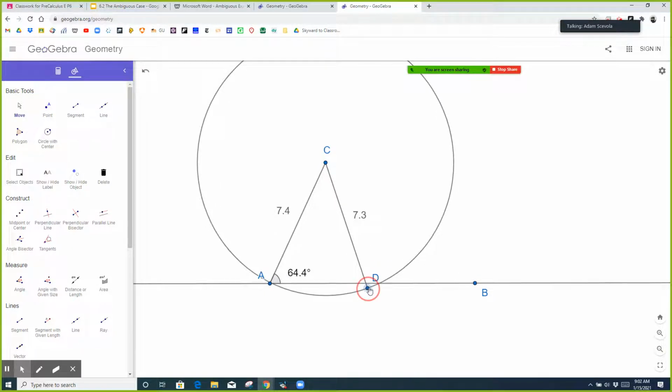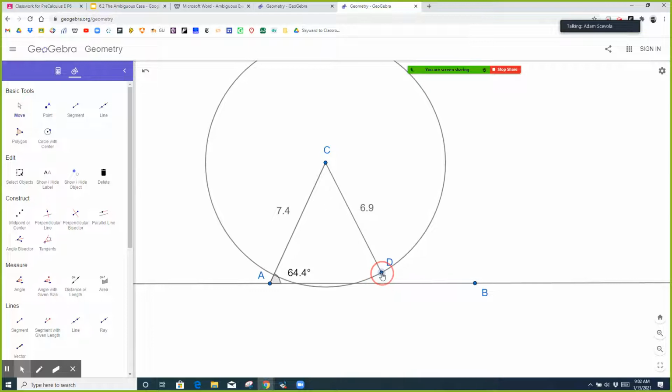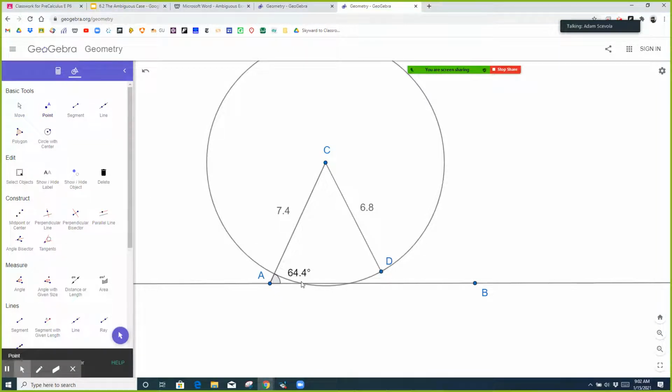Now, if we use the circle, and look how if I make this side like 6.8, there's a chance for two possible triangles with a 64.4 degree angle, adjacent side 7.4 and opposite side 6.8. Like, there could be a point there or a point there. So both triangles ACE and triangles ACF have those angles, 64 degrees, 7.4 length side, and 6.8 length side. So that could happen, and we'll see when that happens.